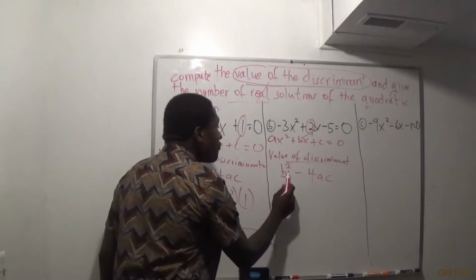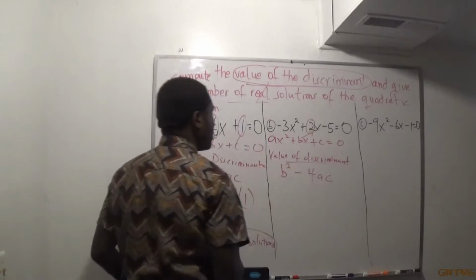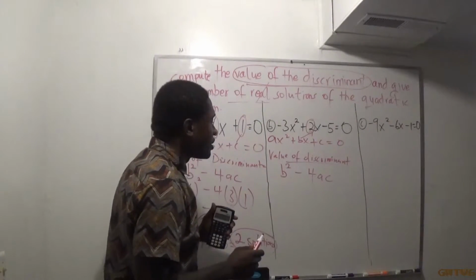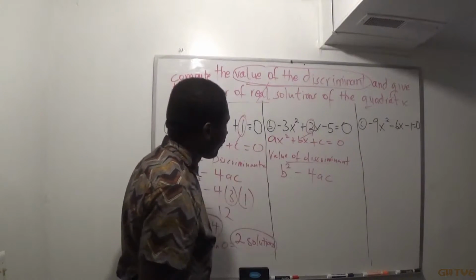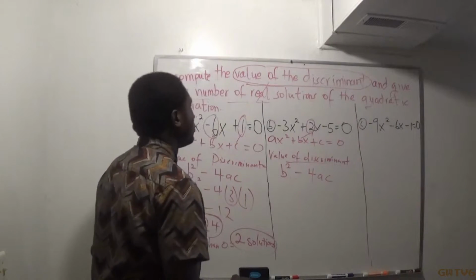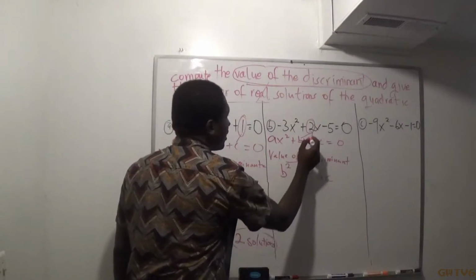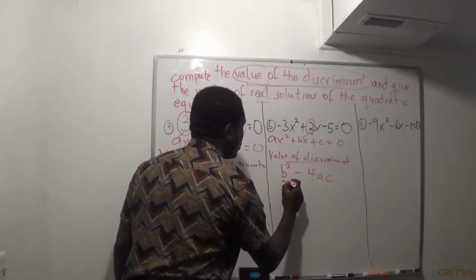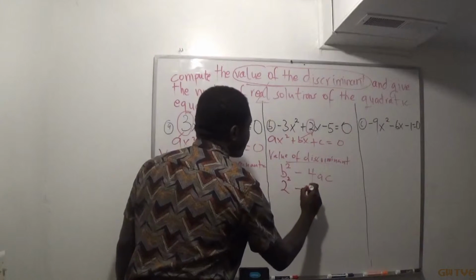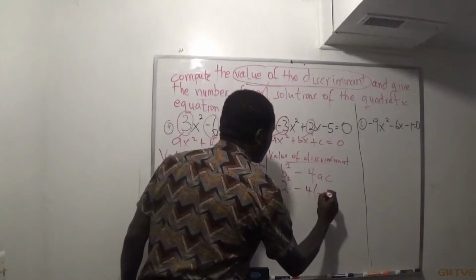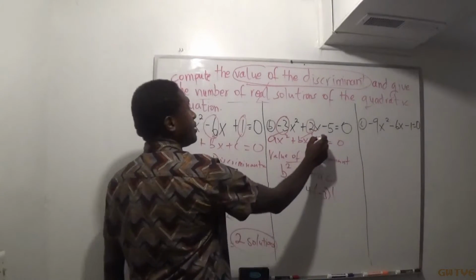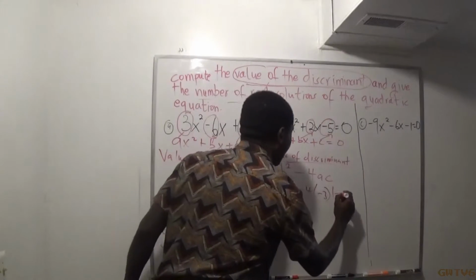Again, my discriminant formula is positive b squared minus 4ac. Alright. So my b, again, is 2. So I got 2 squared, minus 4. My a is -3. And my c is -5.